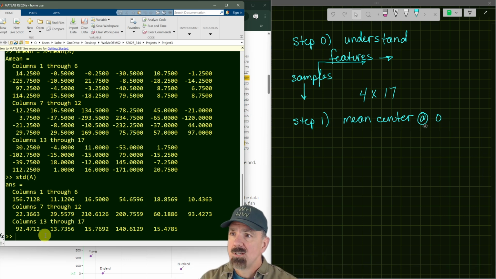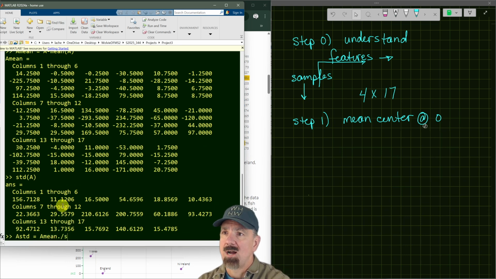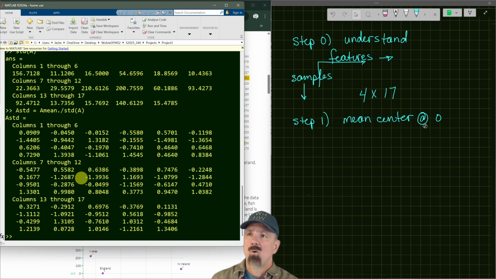So then what we would do is set up our A standard, and that would be the mean centered data. So we're going to take A mean, and then we're going to dot divide by the standard deviation of A. And now what we have is data that are centered at 0, but you can see all the values fit into the general parameters of a basic normal distribution, which is centered at 0 with standard deviation of 1 or variance of 1.